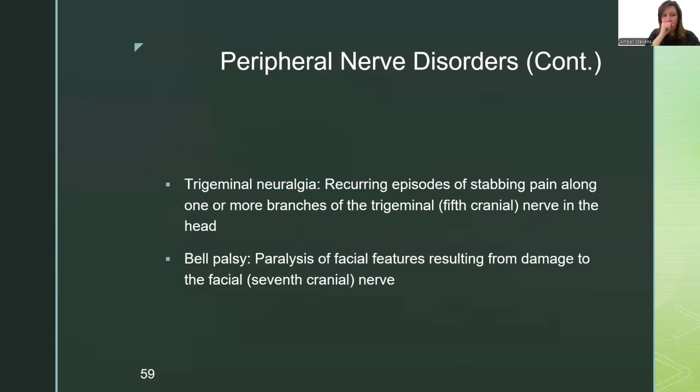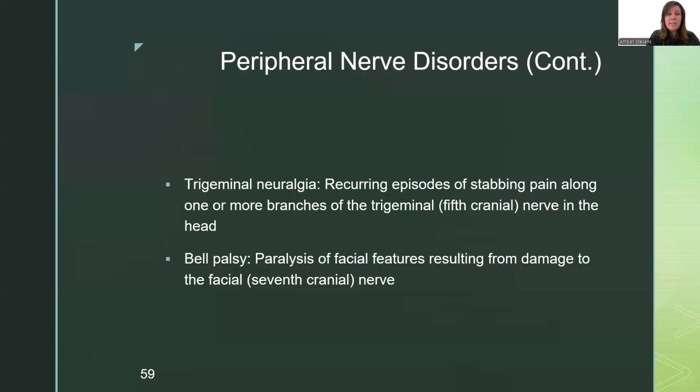Trigeminal neuralgia can be recurring episodes of stabbing pain along one or more branches of the trigeminal or fifth nerve in the head. That fifth nerve is important in dentistry, right? So that's one thing that we want to pay attention to.